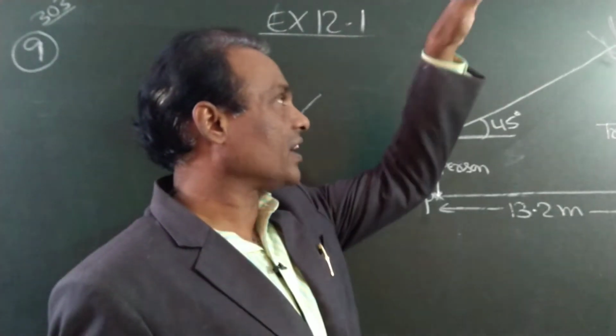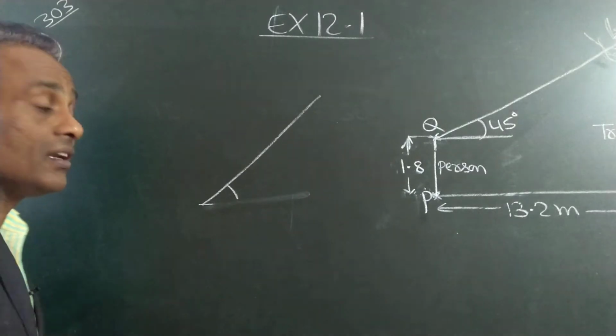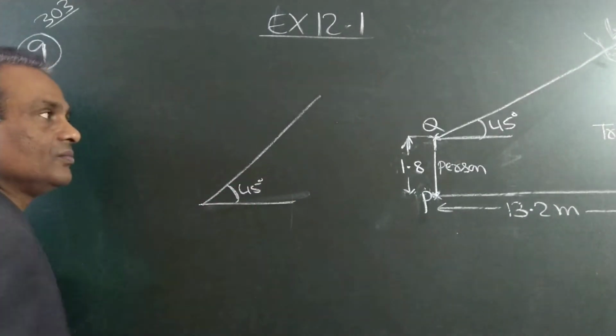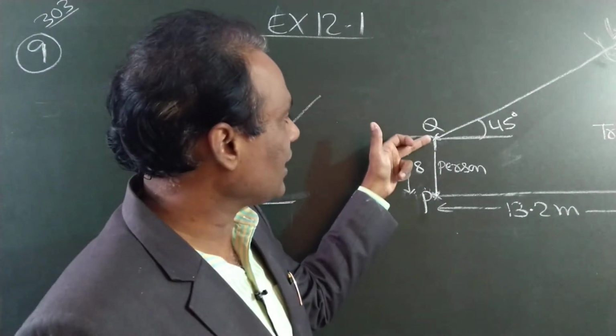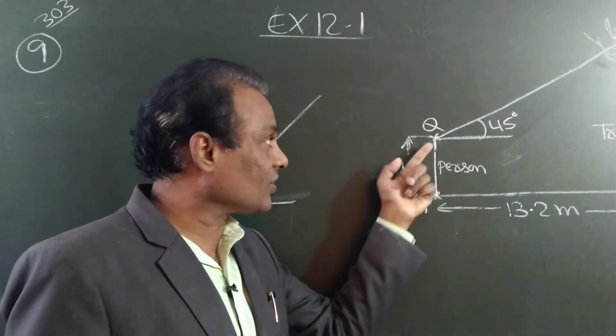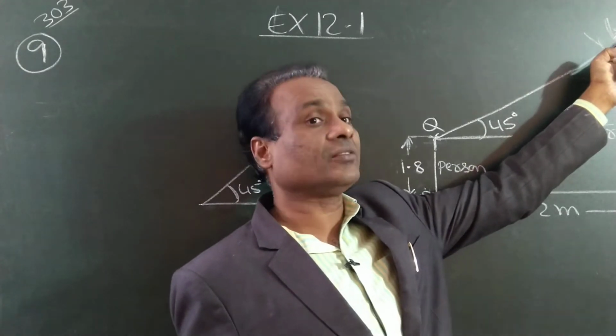We have to draw horizontal line and then we have to write the angle. So two lines are required for the angle. This is why I have drawn this line, because this is the observing direction. From here we are observing the top of the tree.